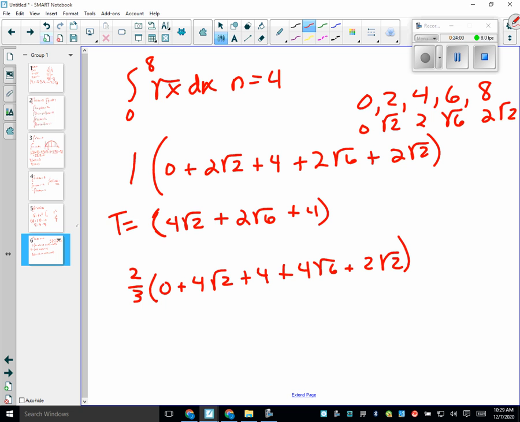Hold on. Simpson's rule, 424. Why is 2/3 out in the beginning? Isn't it over 3? Oh, that's right. Never mind. I got it. So 2/3 times 6 radical 2 plus 4 plus 4 radical 6. Right?